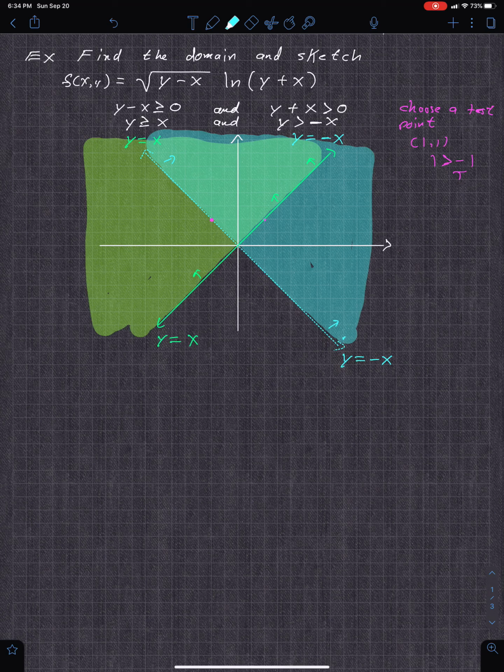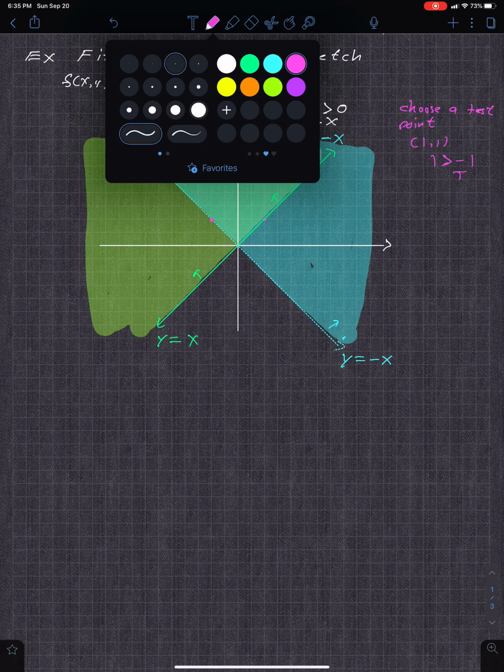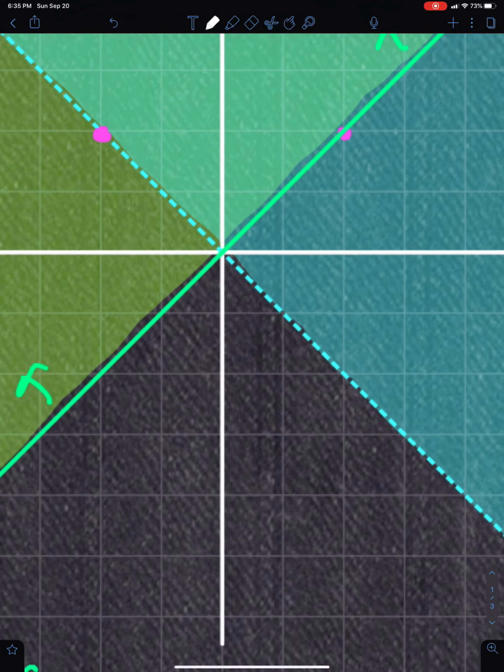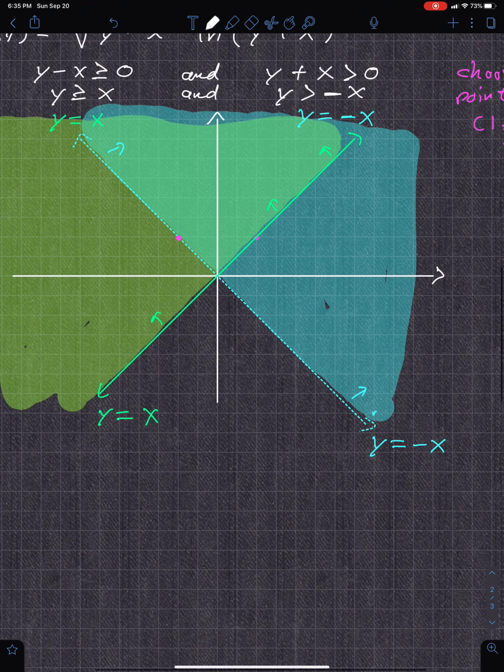So you could describe it: it's everything above the line y equals x, and y equals negative x, not including one, not including the other. What about the origin? Is the origin included or not? Right there. No, it can't be included because it's dotted.